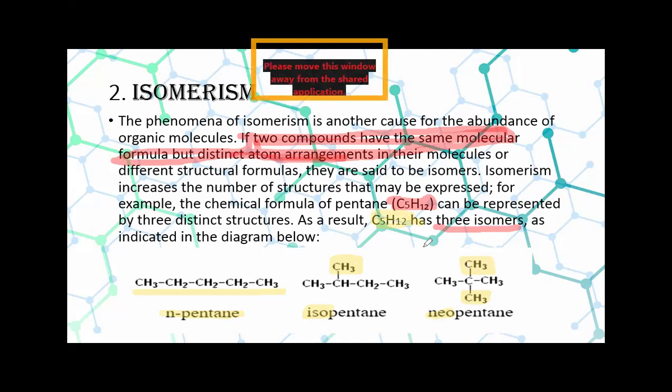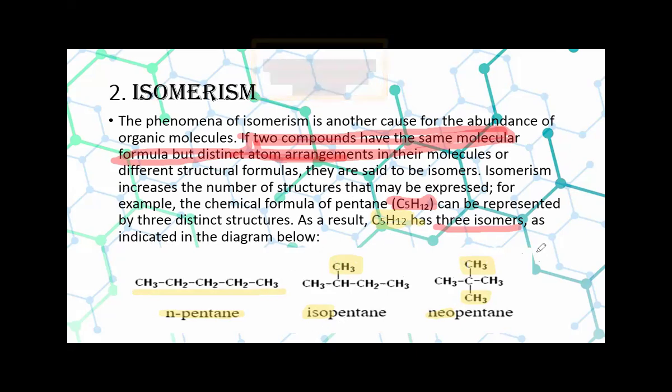All have the same formula. Here you can see we have 1, 2, 3, 4, 5 carbons. In this we have 1, 2, 3, 4, 5 carbons. And in this also we have 1, 2, 3, 4, 5 carbons. All have the same number of carbon atoms. All have the same number of hydrogen atoms, that is 12. But the structures are different.